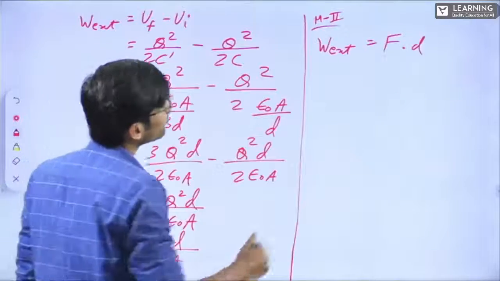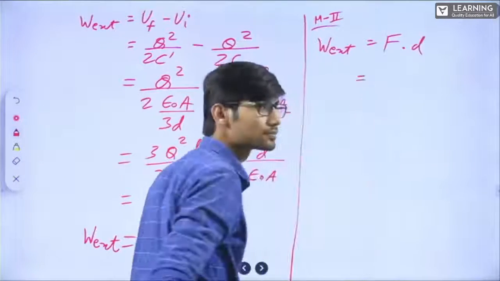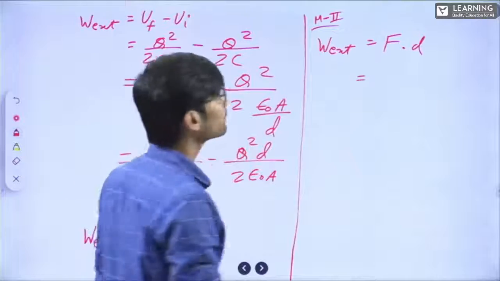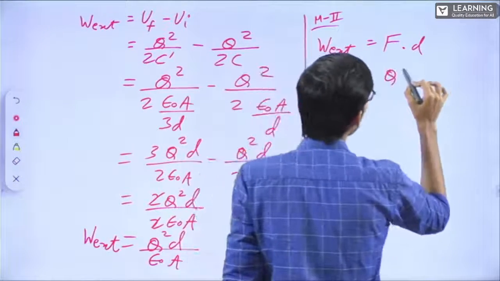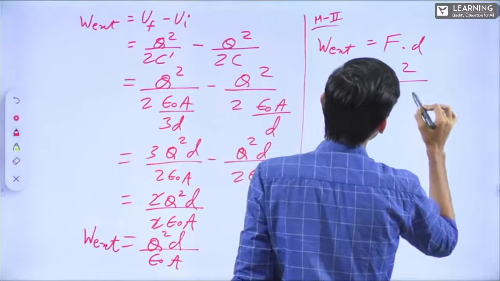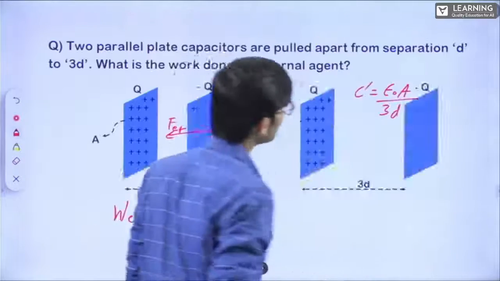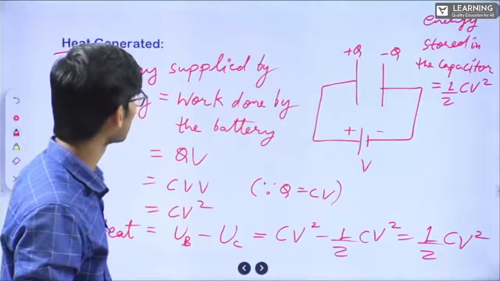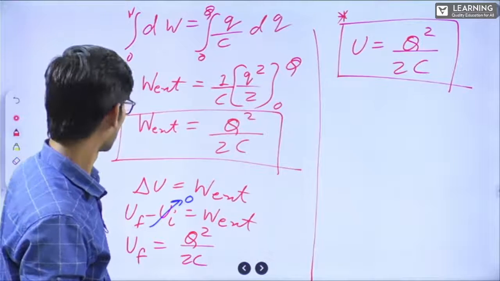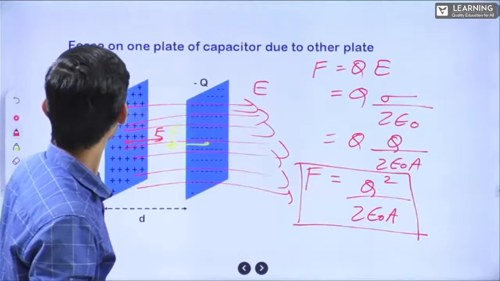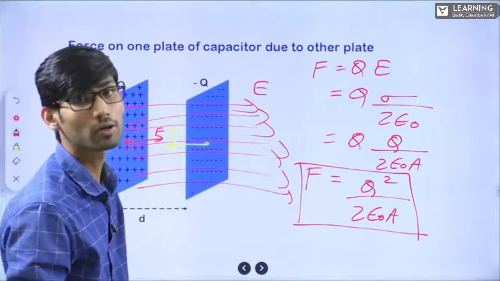The value of F external will be Q square by 2 epsilon naught A. What was the force? Just now we took it out, Q square by 2 epsilon naught A, correct?